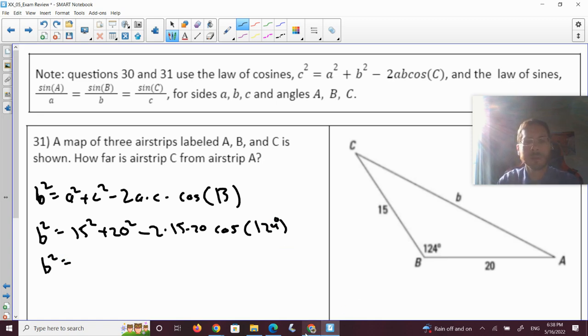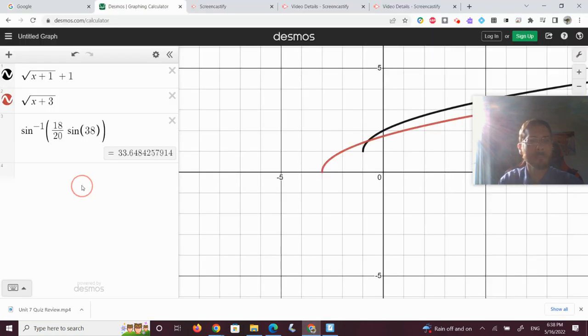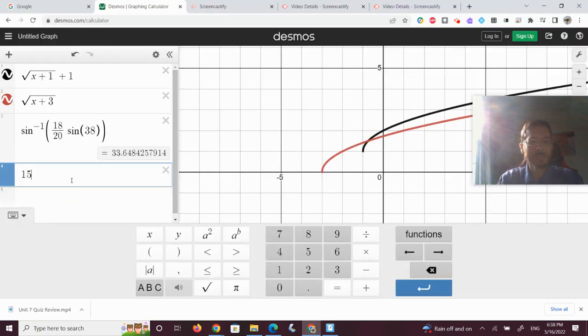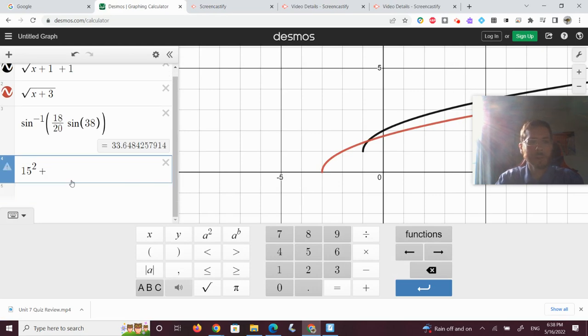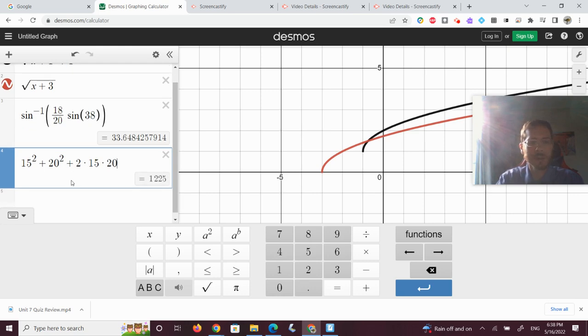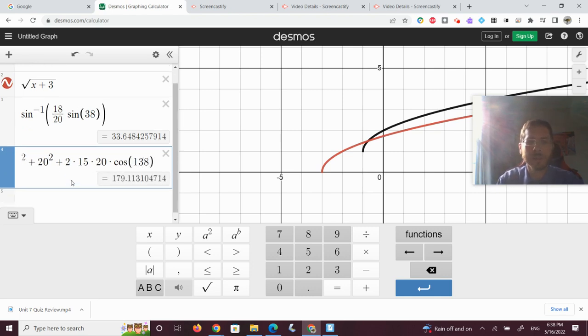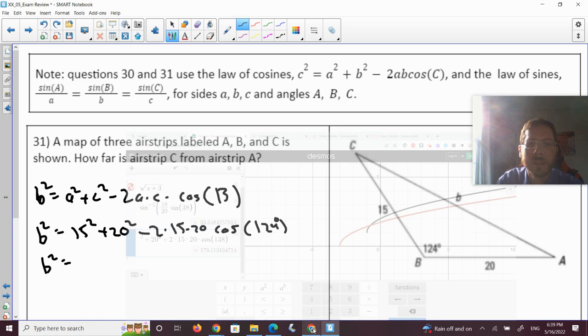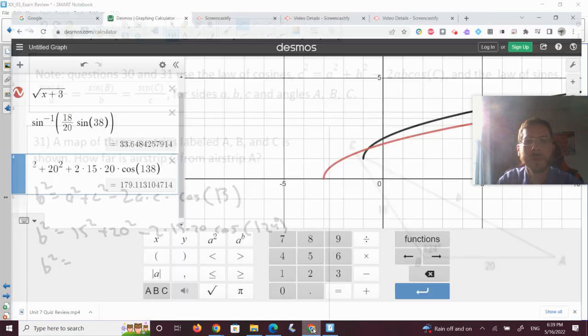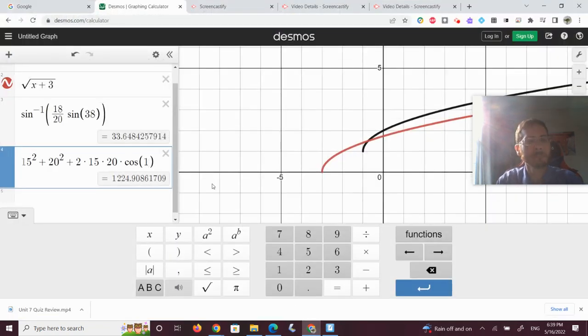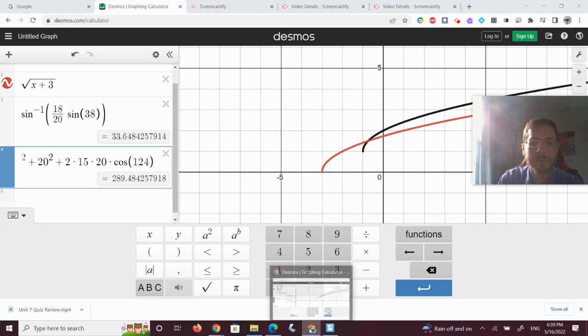So 15 squared plus 20 squared minus 2 times 15 times 20 times the cosine of, I thought it was 138. Let me double check. Nope, 124. Way off. And so we get 289.5.